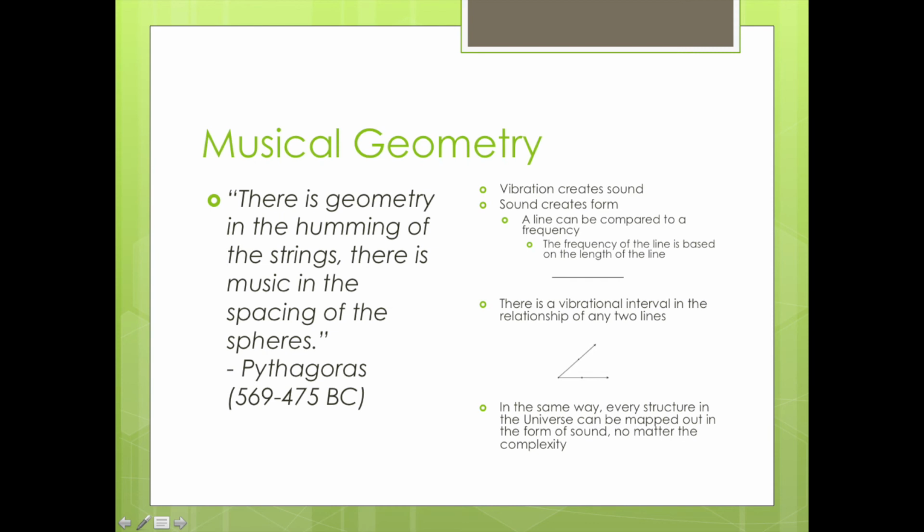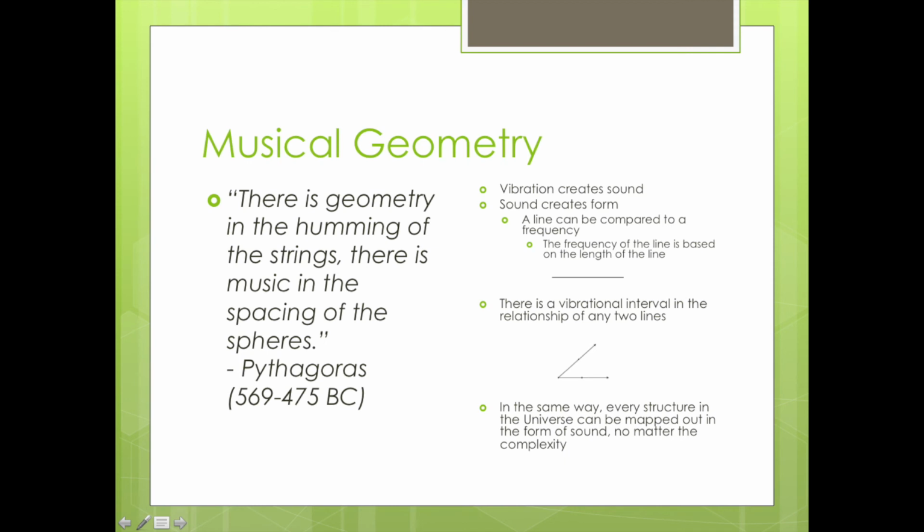So for example, a line can be compared to a frequency, the frequency of the line being based on the length of the line. And there's a vibrational interval in the relationship of any two lines. So in the same way, every structure in the universe can be mapped out in the form of sound, no matter the complexity.